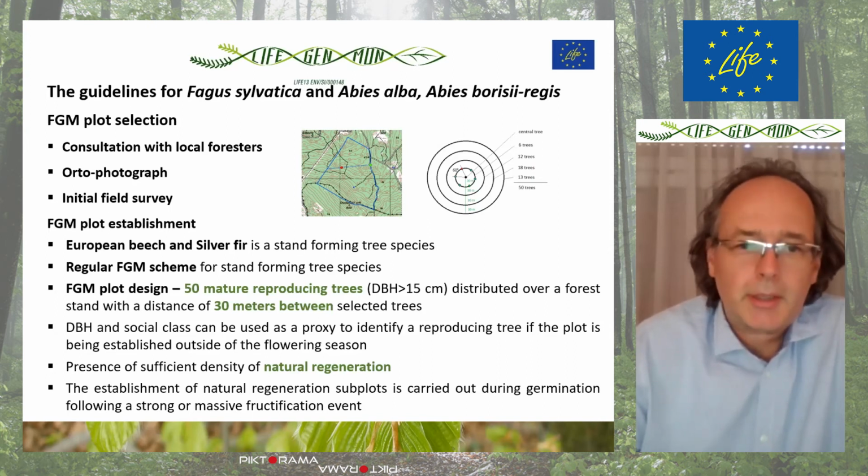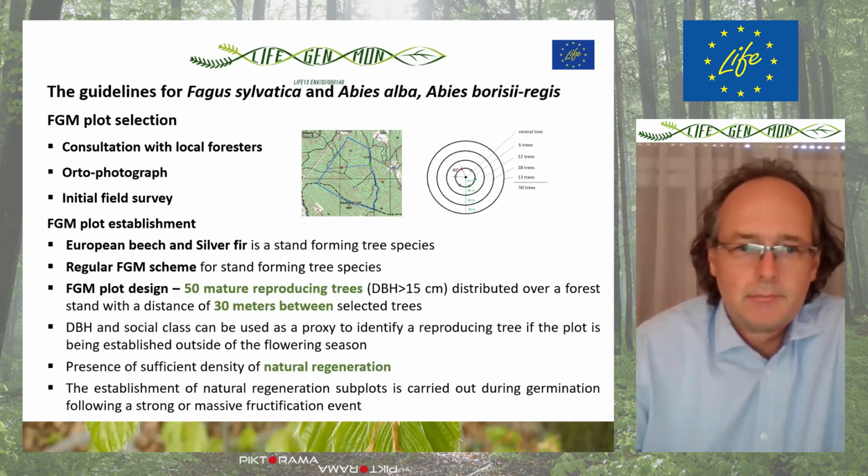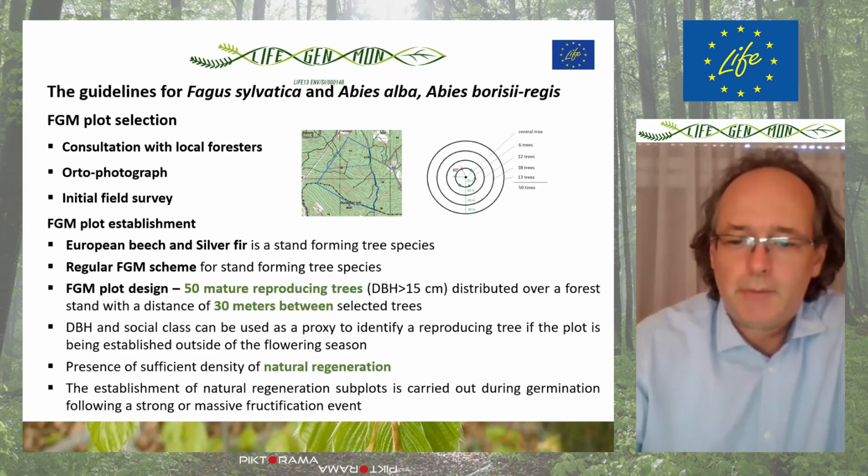A plot for forest genetic monitoring includes 50 major reproducing trees, distributed over the forest stand with a distance of 30 meters between selected trees. It's very important that the plot is selected in an area with a sufficient density of natural regeneration. The establishment of natural regeneration subplots is carried out during germination following a strong or massive fructification event.